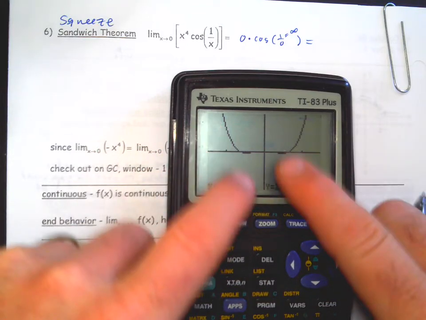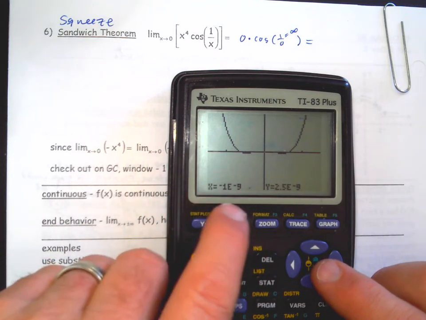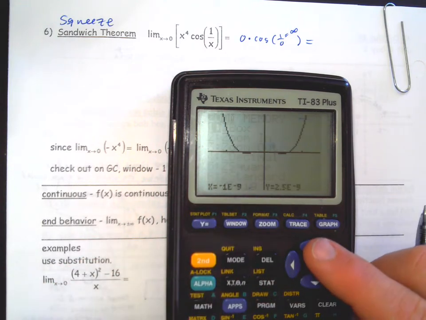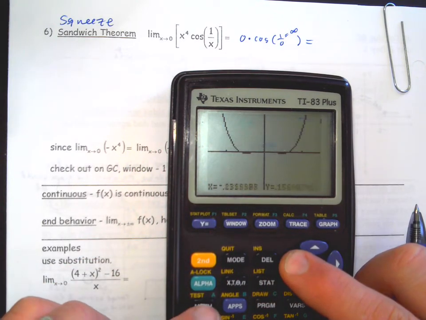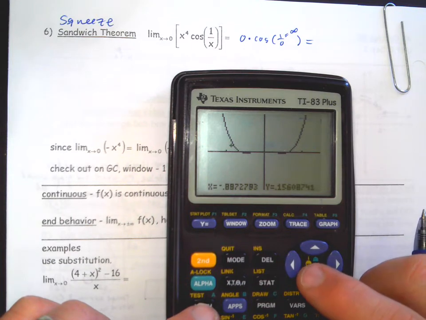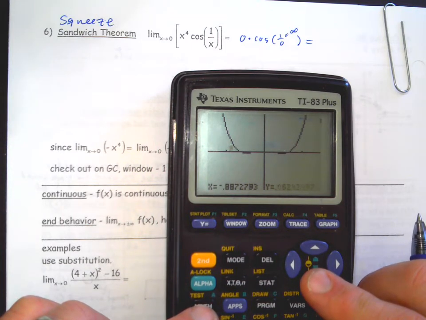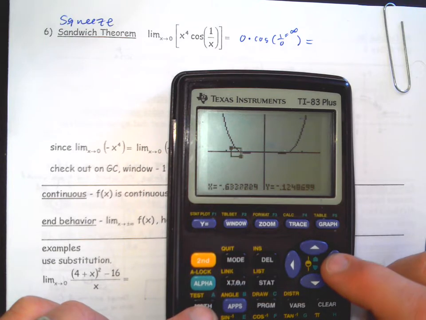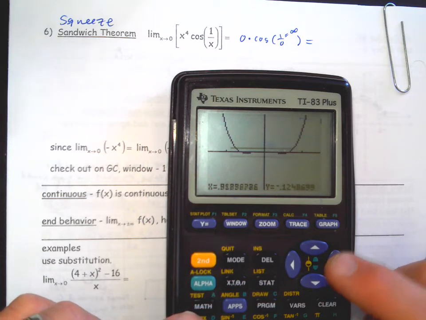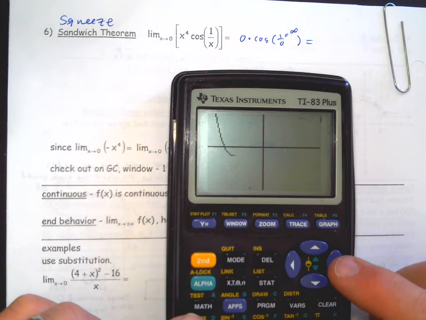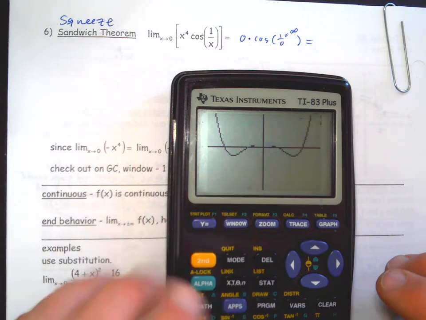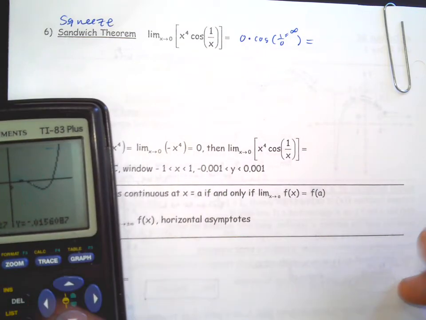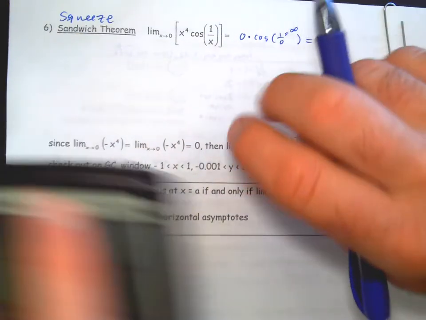Maybe we can go even closer, see what's going on there. It's not a parabola. Definitely not a parabola. It went below and then back up or something. Let's see what's going on here. Oh. And then it's doing it again there. It's kind of interesting. Anyways, I'll show you another graph in a second.